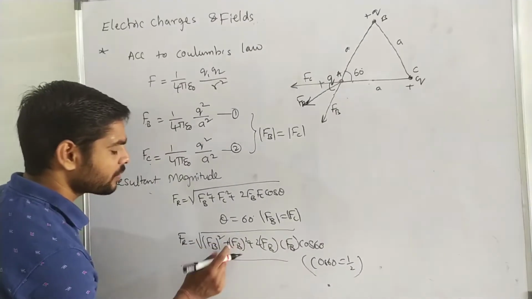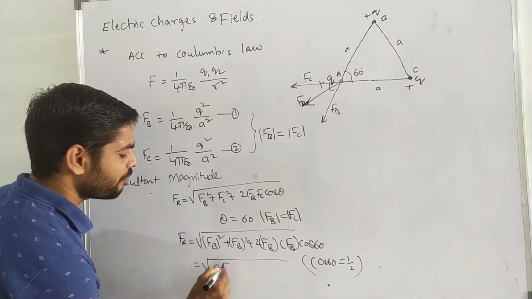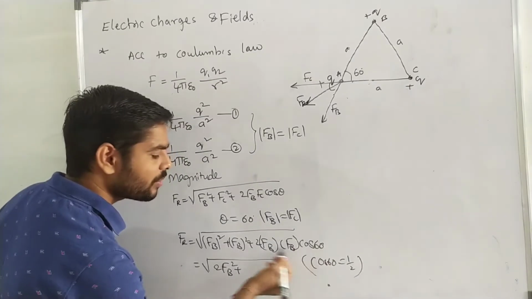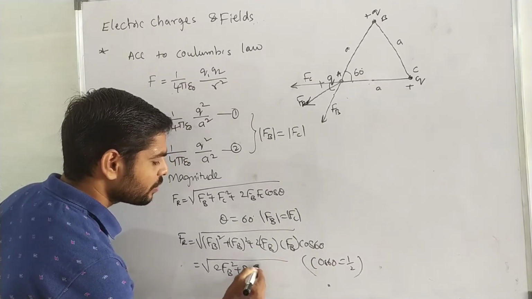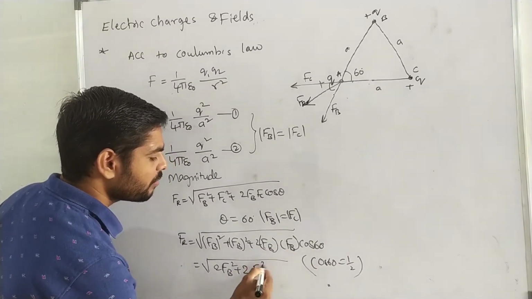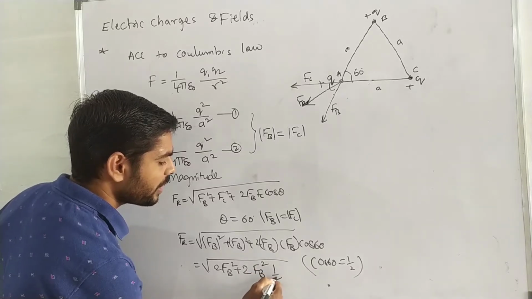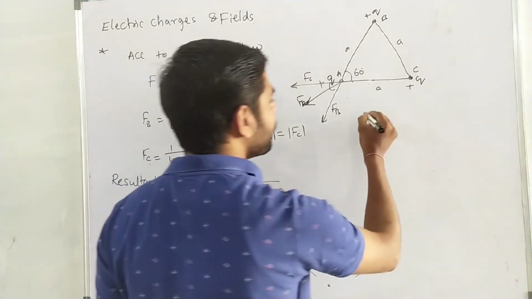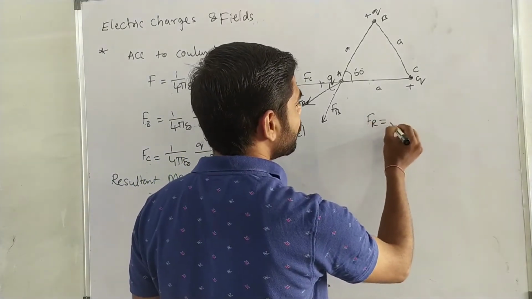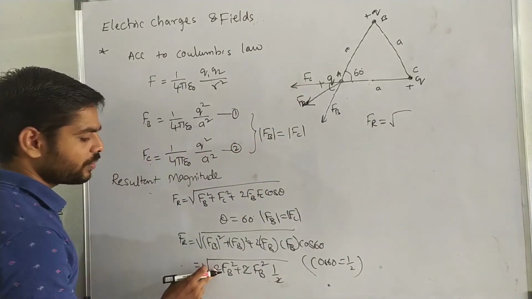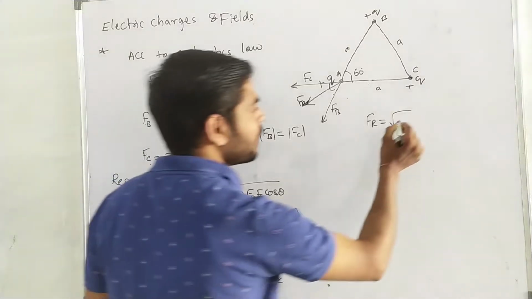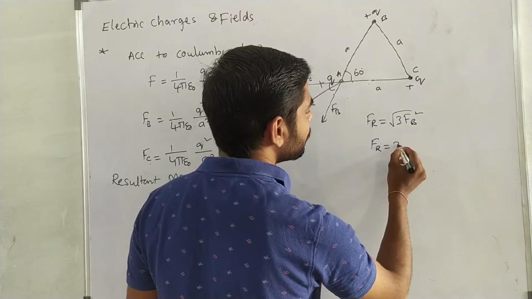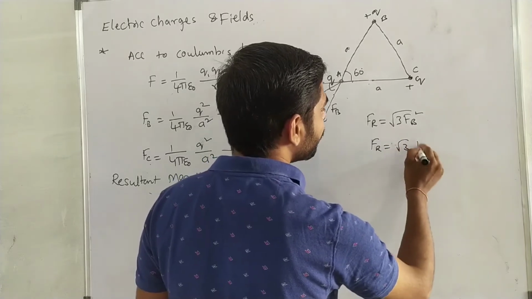A square plus a square means 2 Fb square, plus 2 Fb into Fb square times cos 60, which is 1 by 2. The 2 gets cancelled, and the remaining resultant force is Fr equal to the root of 3 Fb square, which is nothing but Fr equal to root 3 times Fb.